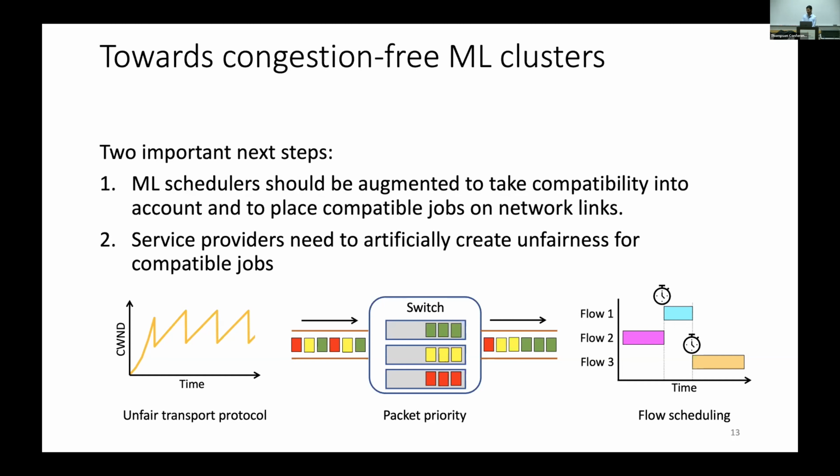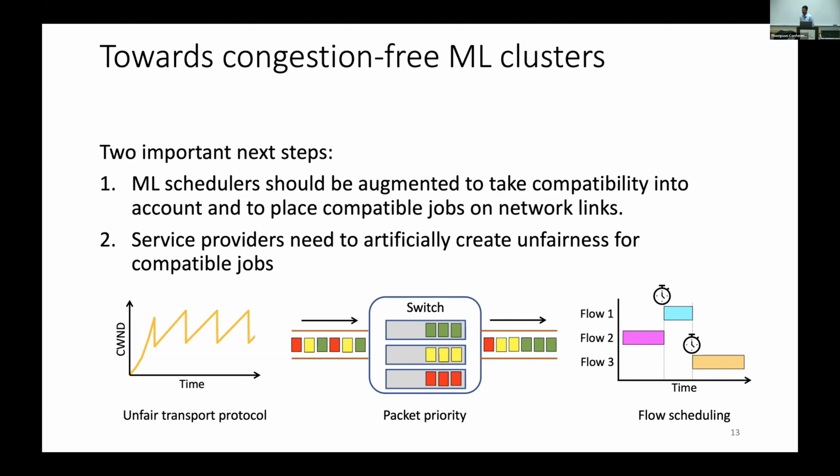If I understood correctly, the main idea is that you are trying to prevent any overlap between the iterations so that you can give the entire bandwidth to one job in total. So in these non-compatible scenarios, could you still give the entire bandwidth to a particular job and let the other wait?